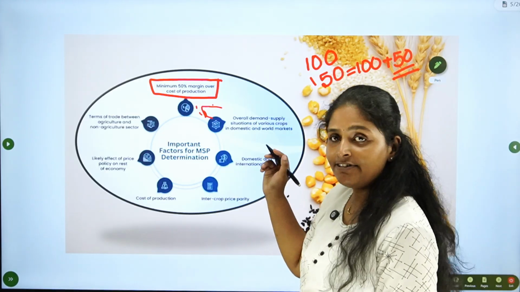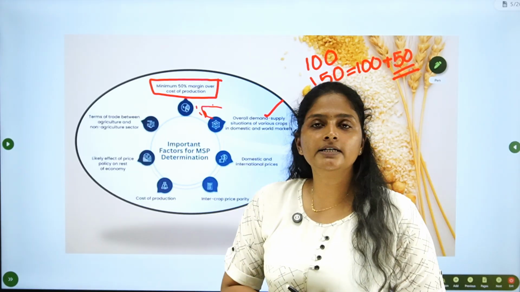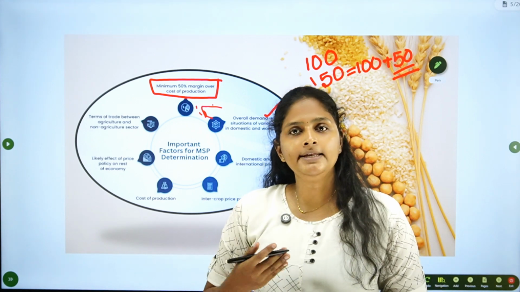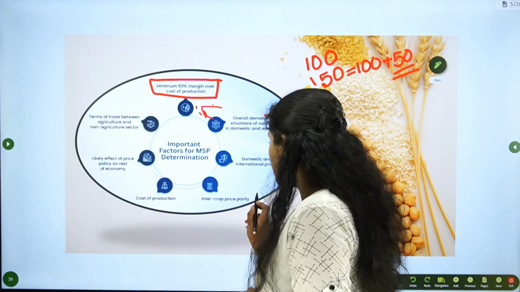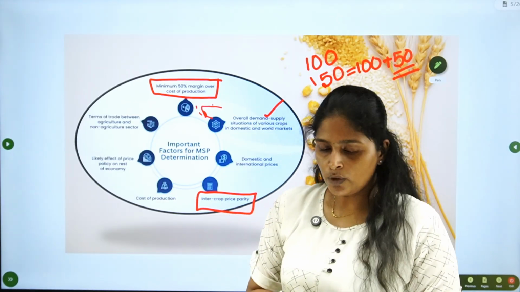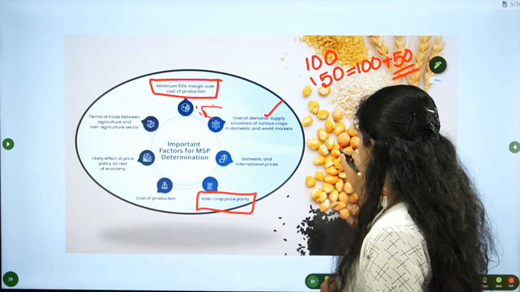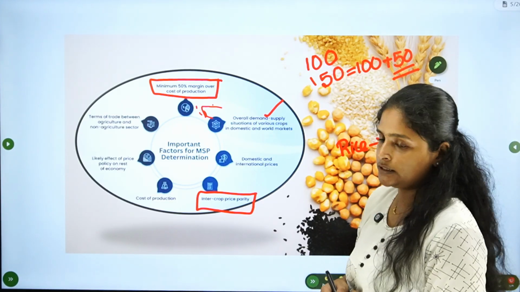Now, what are the factors? Obviously, the first factor will be demand and supply of that crop, both in the domestic market and international market. Another thing, something very important, is intercrop price parity. What does that mean? If you give an MSP for rice, then these farmers will start producing rice.